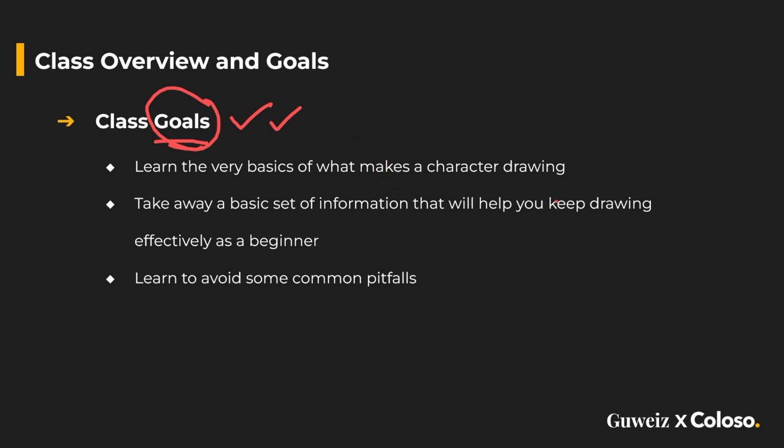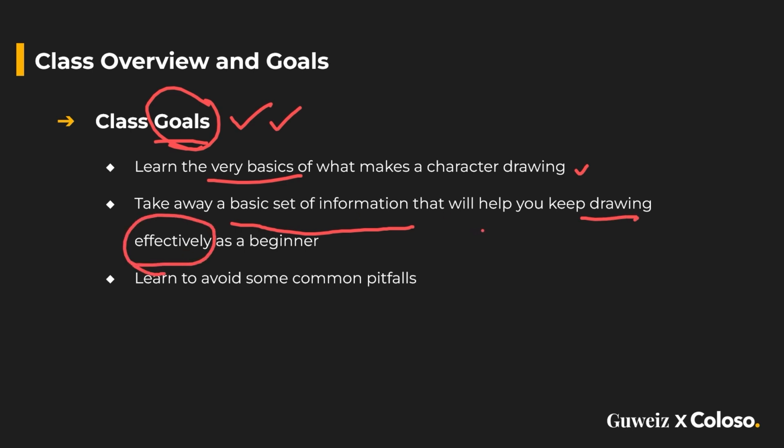So firstly, I want you to learn the very basics of what makes a character drawing. I think this is very important because I know when we're beginning, we're able to see everything and say, oh, I want to draw that. Oh, I want to draw that. Oh, I want to draw that as well. And trust me, I still feel like that every day. But for this class, I want you to really focus in on the very basics of what makes a character drawing, really take that information to heart, and then use the basic set of information that we'll give you to help you keep drawing effectively.